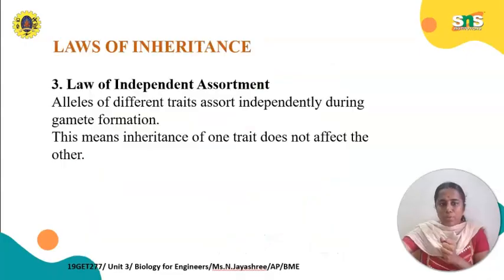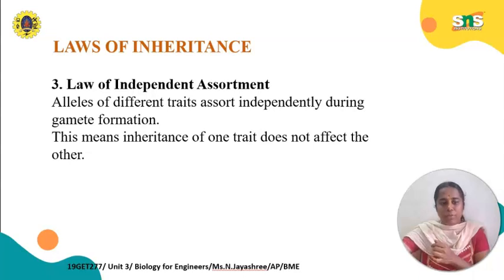Next is the law of independent assortment. Alleles of different traits are sorted independently during gamete formation. This means that inheritance of one trait does not affect another trait.